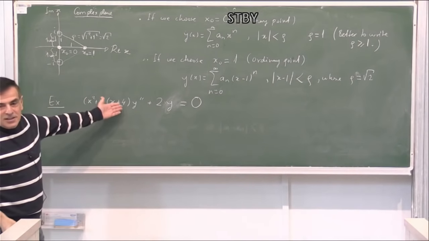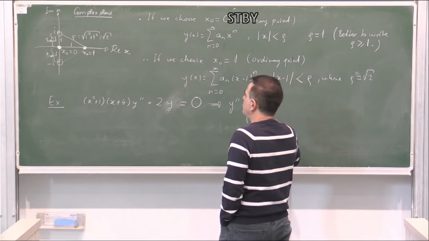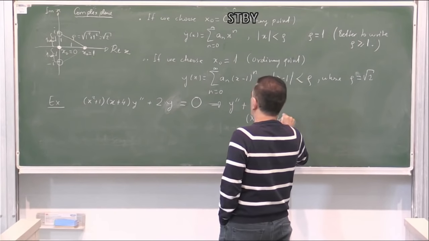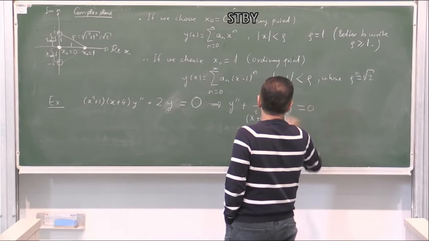Okay? This is a second order ODE with variable coefficients. Or in the reduced form, one can write it as 2 over x squared plus 1, x plus 4, y is 0. So what about the singular points?